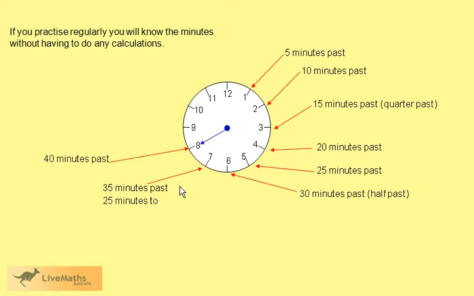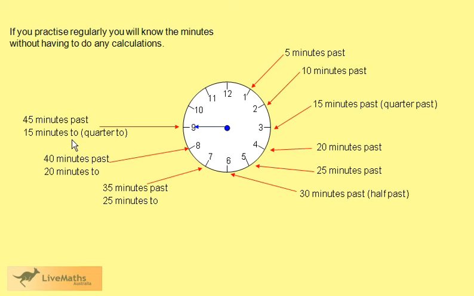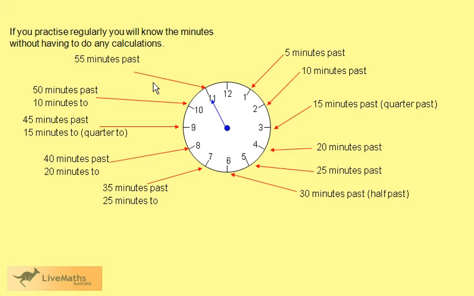For here, 40 minutes past, or 20 minutes to. For here, it's 45 minutes past, or 15 minutes to, and some people call that quarter to. For here, we've got 50 minutes past, or 10 minutes to, and for here, it's 55 minutes past, or 5 minutes to. You really should learn and practice this to the point where you just know it without having to think at all.